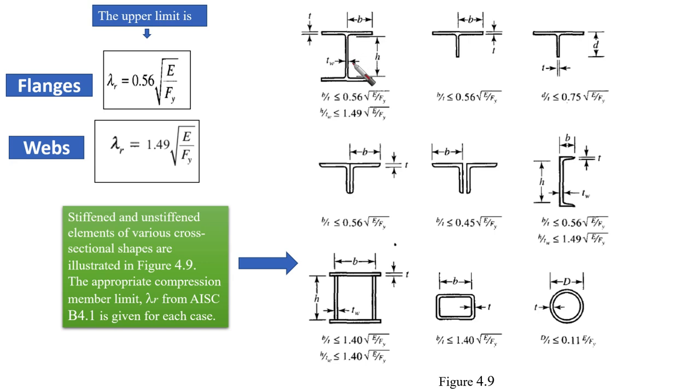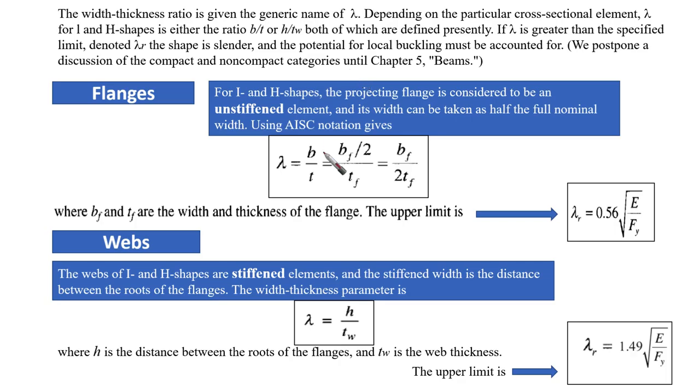Because the web is stiffened at one end and the other end at the same time. What is the meaning here of unstiffened and stiffened? It will be reflected in the upper limit.